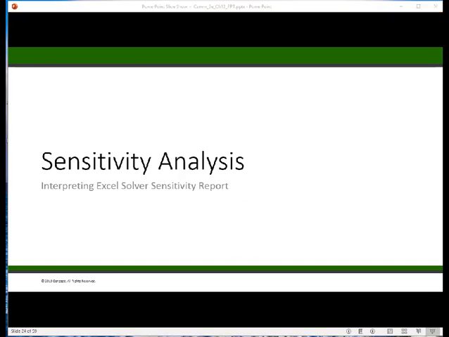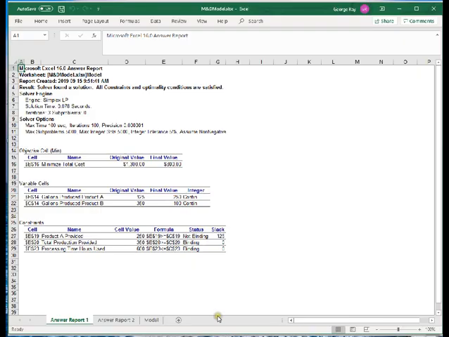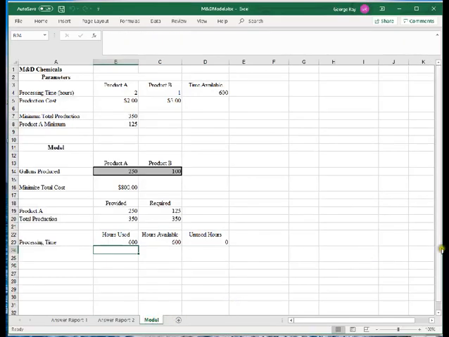Okay, let's take a look at sensitivity analysis, and we're going to use M&D Chemicals again. So we'll go back to our model, and this time we'll do a sensitivity analysis.